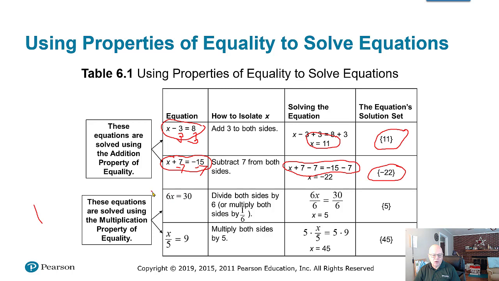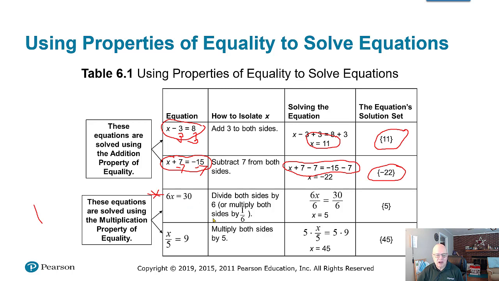The third one is here. Here we've got 6x equals 30. Now remember, this might be part of the solution of an equation. You work to a certain point, you get 6x equals 30. How do you get from there to x equals?